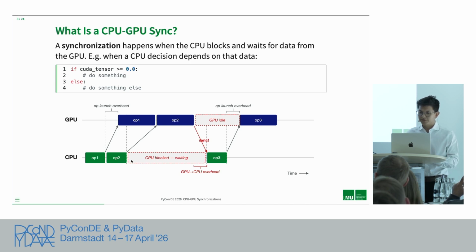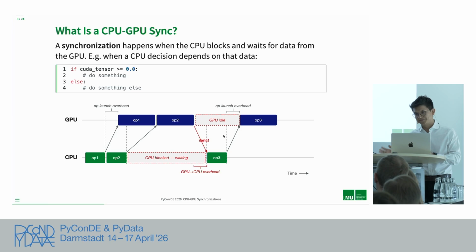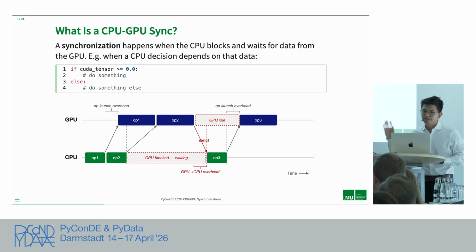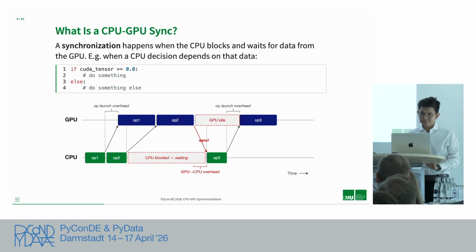It has to wait. All this time is spent doing nothing, waiting for the GPU to send information back. Then it can schedule up3 and send it to the GPU. The GPU will be waiting in the meantime, doing nothing. So these are the bubbles on both sides of the hardware. On the CPU side you have bubbles, on the GPU side you have bubbles, and this is going to slow down your code.